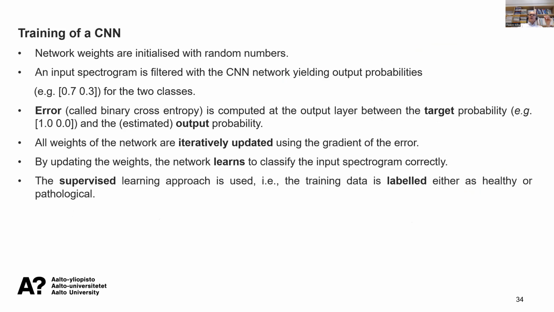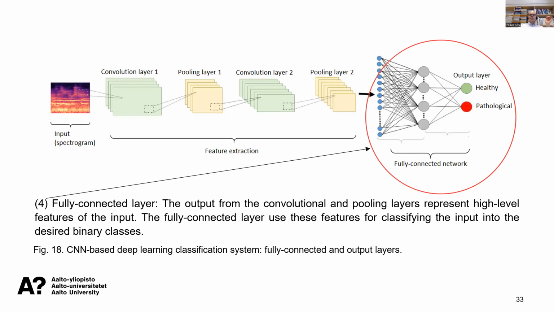And then these network parameters are iteratively updated based on a so-called loss function, which is mathematically called the binary cross-entropy loss function, in order to improve and improve this decision based on the label, which is known to the system. And this happens in the training phase, right? So it's about iteratively updating the filter parameters of these convolutional layers and then these final layers here.